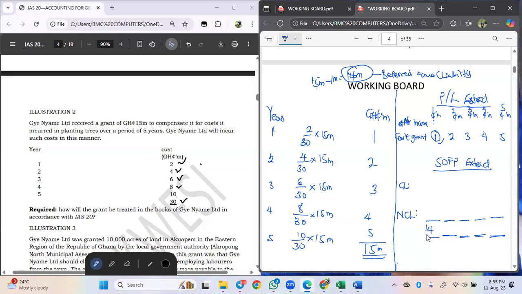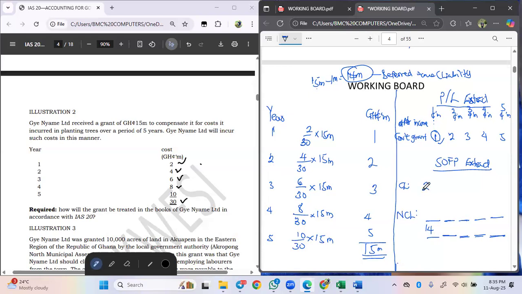Of this 14 million left, that is the 2, 3, 4, and 5 in years 2, 3, 4, and 5 respectively. Now, how much of this 14 million will be transferred in the next year? Here in year 2, how much will be transferred to P&L? 2 million. So that one will be a current liability when you are in year 1.